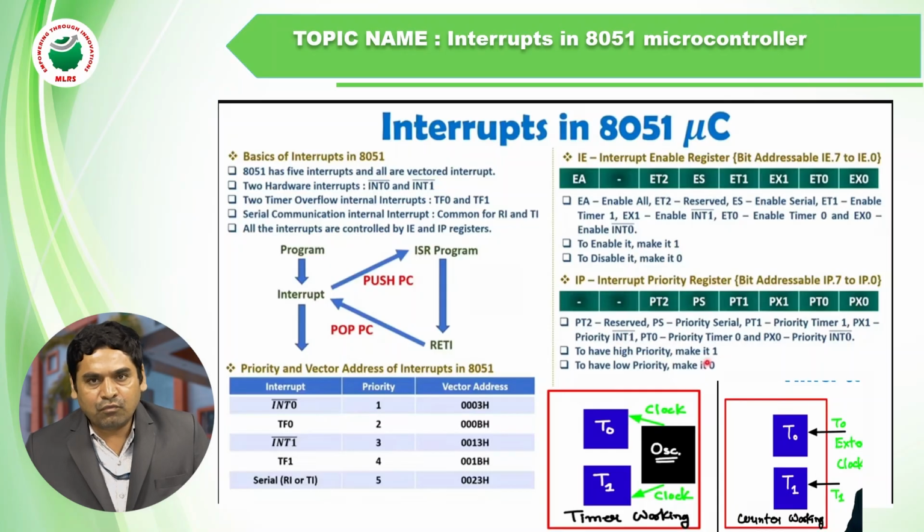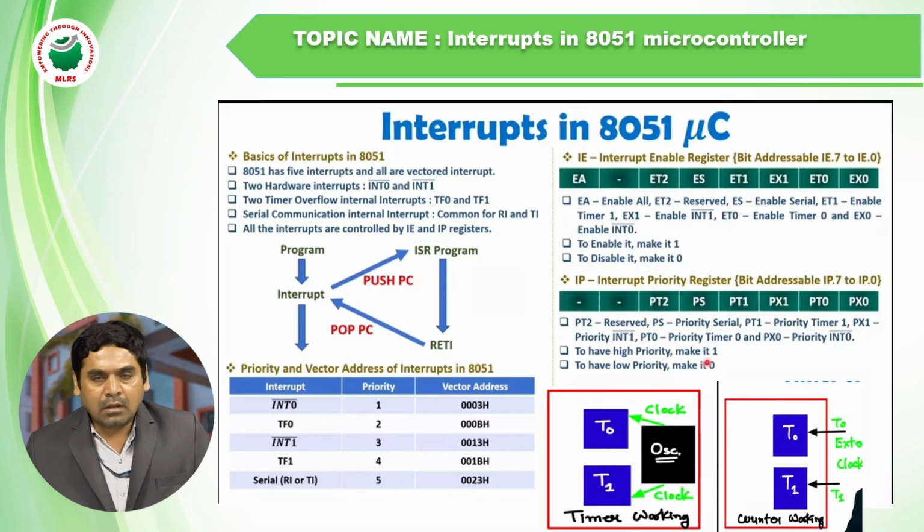TF0 and TF1 are the two timer overflow interrupts. The serial communication internal interrupt is common for TI and RI. TI is related to transmission, and RI is related to reception in serial communication.